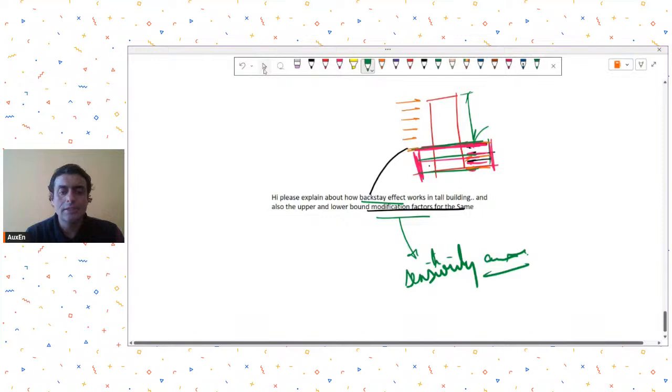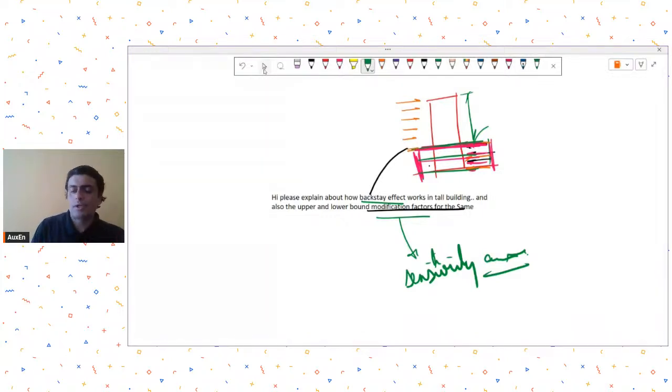In this sensitivity analysis, you do an upper bound and lower bound check. Upper bound means you will take higher stiffness modifiers. Lower bound means you will take lower stiffness modifiers, and whichever is the worst, you will provide accordingly. You will design these horizontal members and vertical members which are providing backstay.